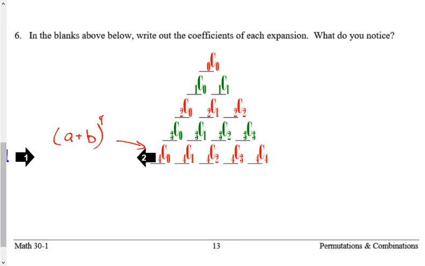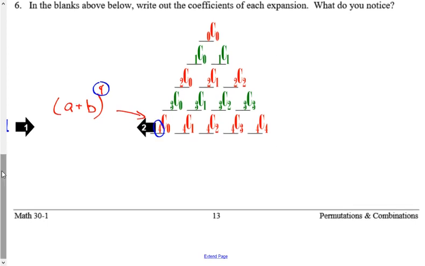And notice this exponent of 4 is my n value in all of my combination calculations. And I'll start with n choose 0, n choose 1, n choose 2, n choose 3, n choose 4.